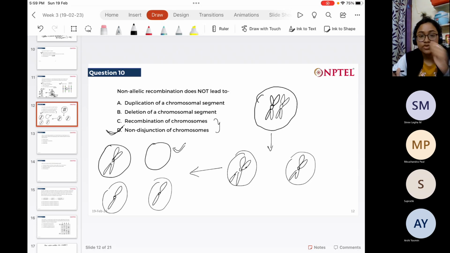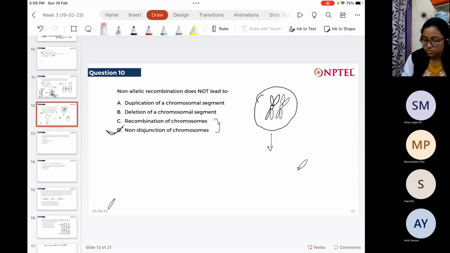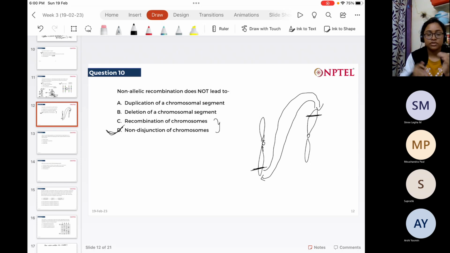There is another case called translocation, and I think Supratik confused between these two. In translocation, if this is a chromosome, a single chromosome, and this is another chromosome, there's a double strand break here, and say here also a double strand break, because of which the DNA content is swapped.